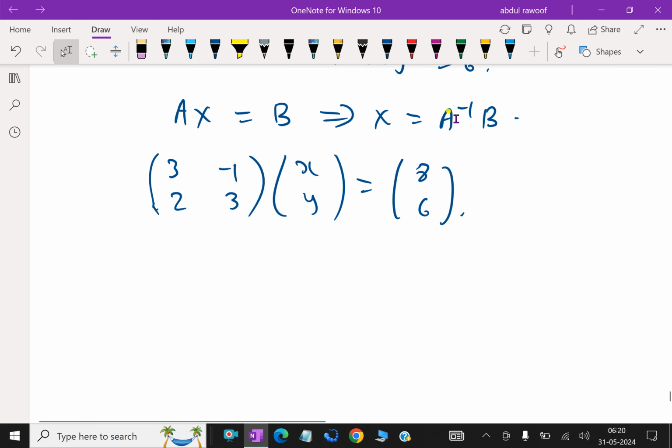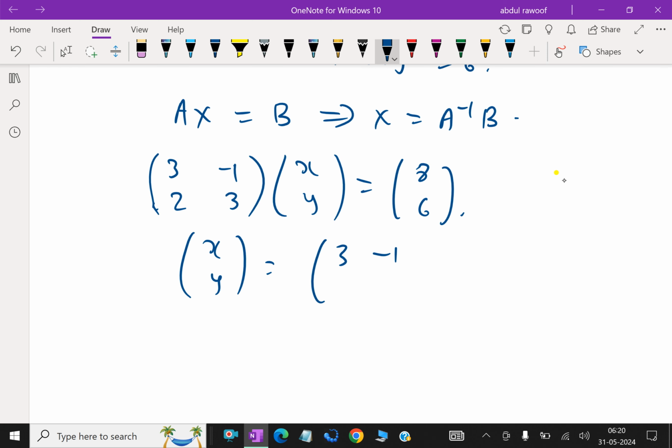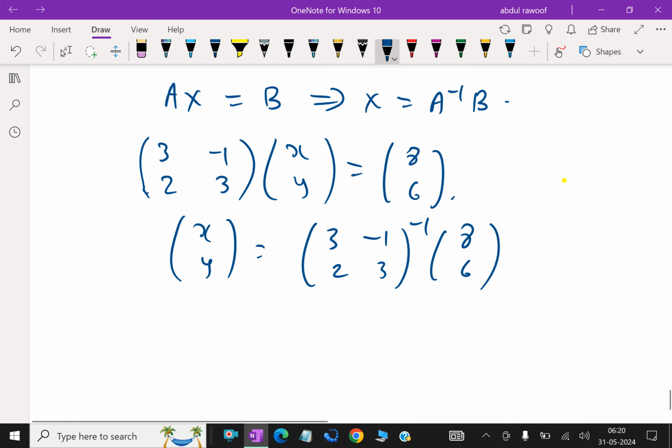Now by using this combination we can say x y equal to the inverse of 3 minus 1, 2 3, times 8 and 6.